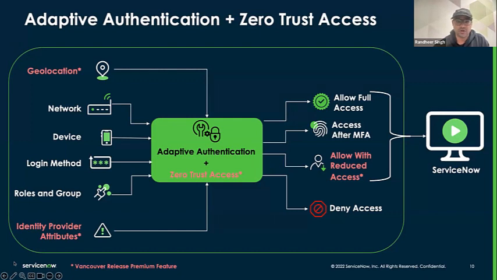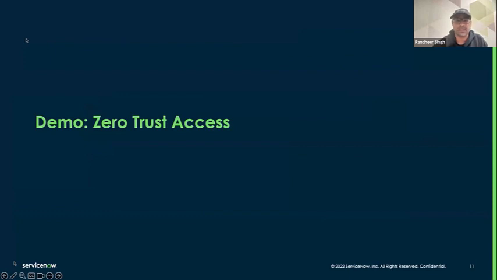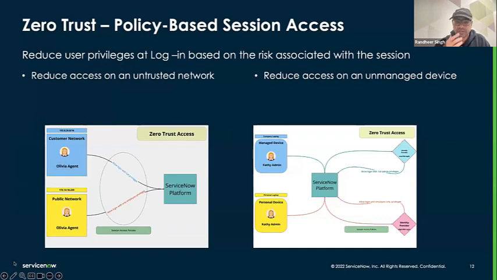So without further ado, I'll go through the demo and I will show you this in action. The use case that I'm taking today is a very simple one. I have a user, her name is Olivia. She is an ITIL user and an IT support agent.